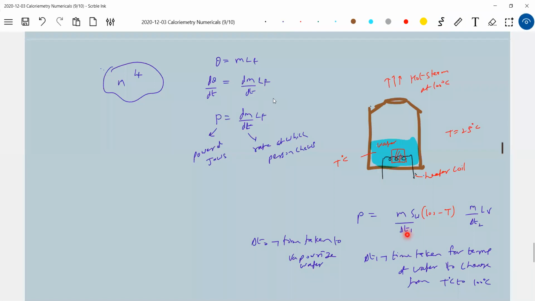Tell me how you would design this. Delta T1 is half an hour, this is 1 hour. Will you use such a steam vaporizer? Suppose delta T1 is half an hour, and this takes another 10 minutes, and this takes 5 minutes, 15 minutes.